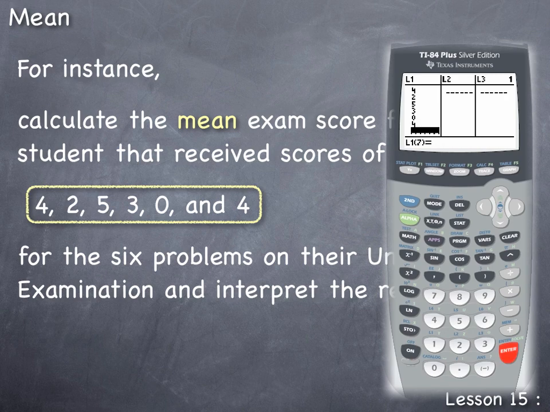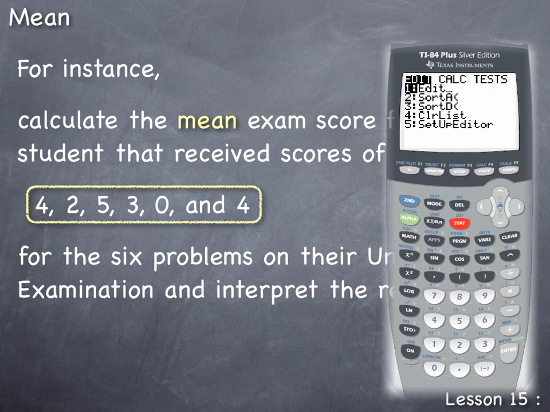Now with all the examination scores entered into List 1, we could calculate the mean exam score by pressing Stat, arrow over once to the right to highlight the Calculate menu, and then press Enter to select the 1-bar stats command.